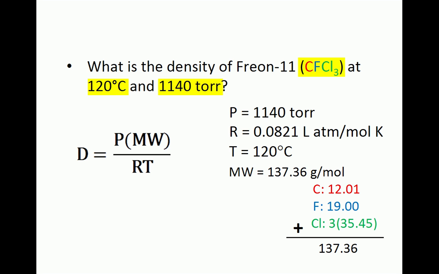Next, we must make sure that the units of the given pressure and temperature match those that are in the ideal gas constant, namely atmospheres and Kelvin. We will need to convert both pressure and temperature.